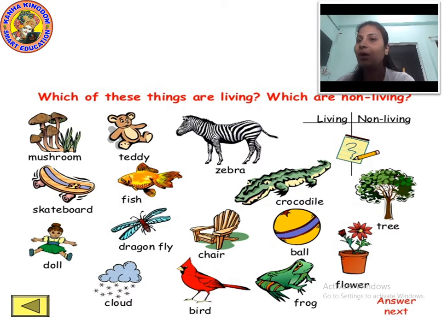Cloud. Cloud is a non-living thing. So today we have learned about living things and non-living things. I hope you all understand what living things need and what are the things that are non-living things.